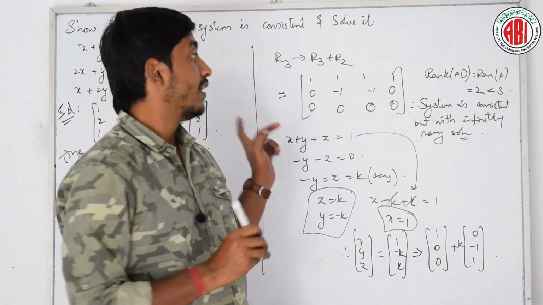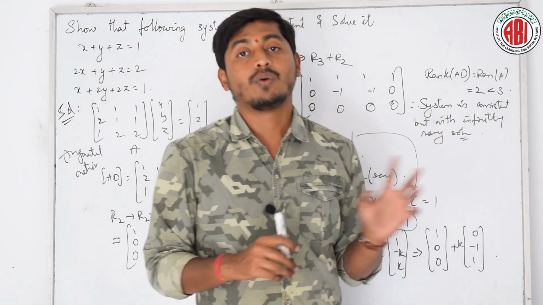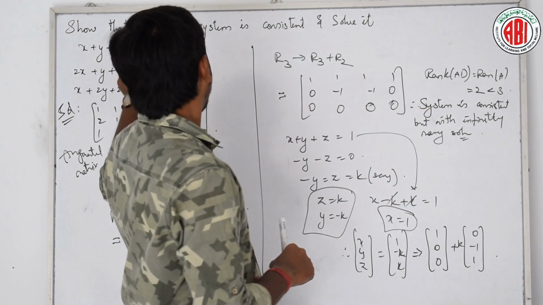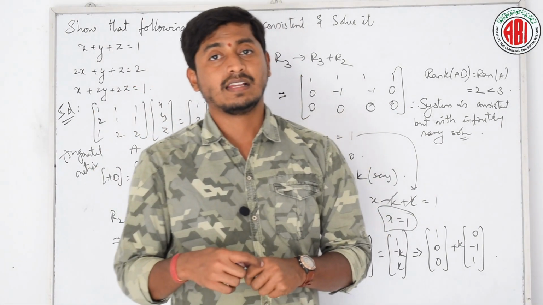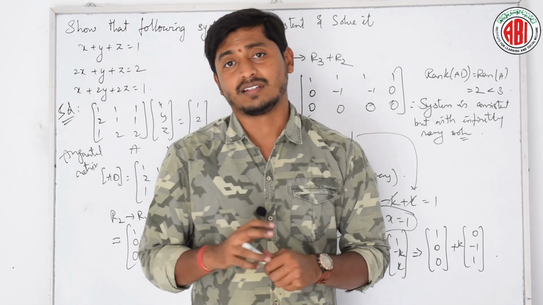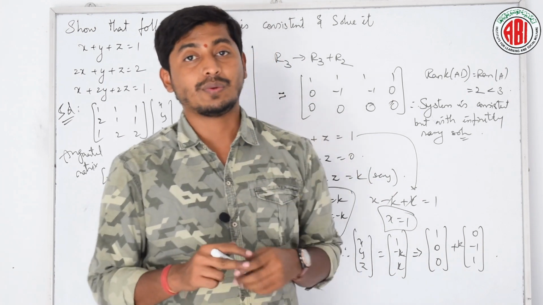What is this method? This is a general method by using rank. This is how we solve simultaneous linear equations with 3 unknowns. Yes? Is it clear? Did you understand? Fine. These are all different methods of solving. This is the first method of solving 3 equations.